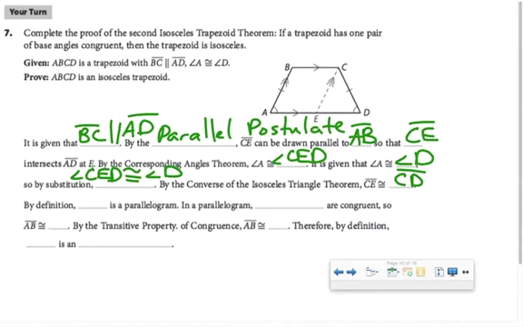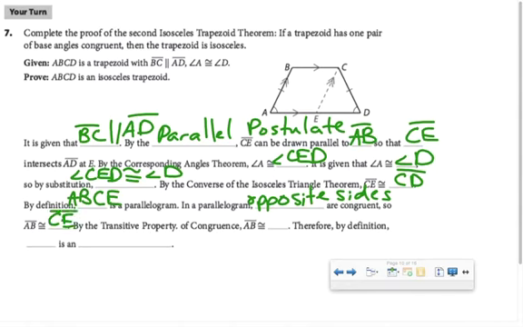So let me backtrack a little. By definition, ABCE is a parallelogram. And in a parallelogram, opposite sides are congruent. So that means that AB is congruent to CE.